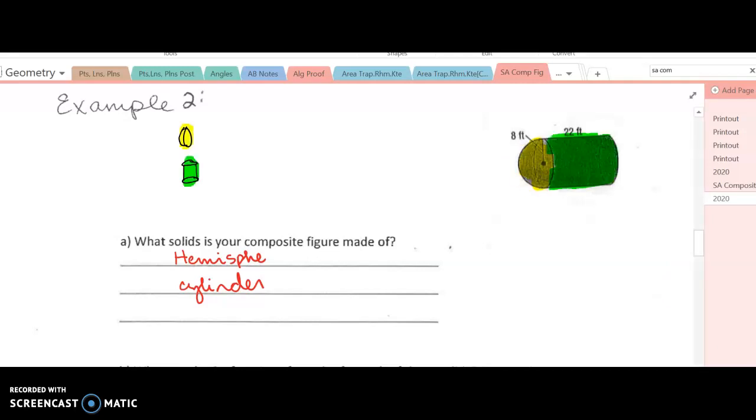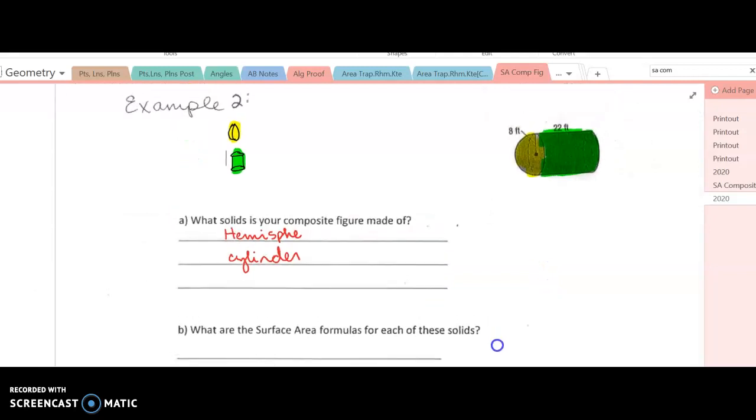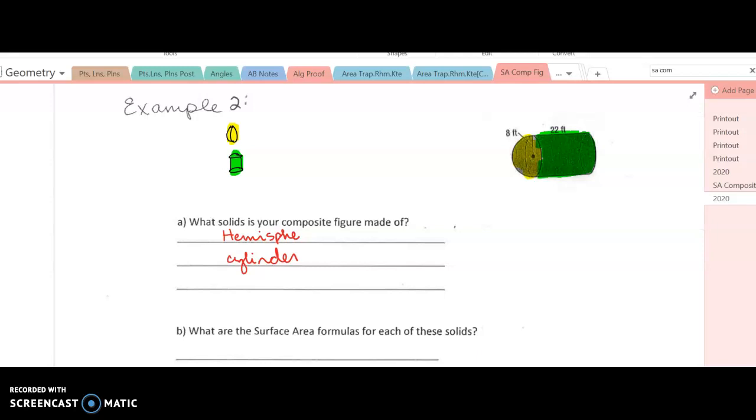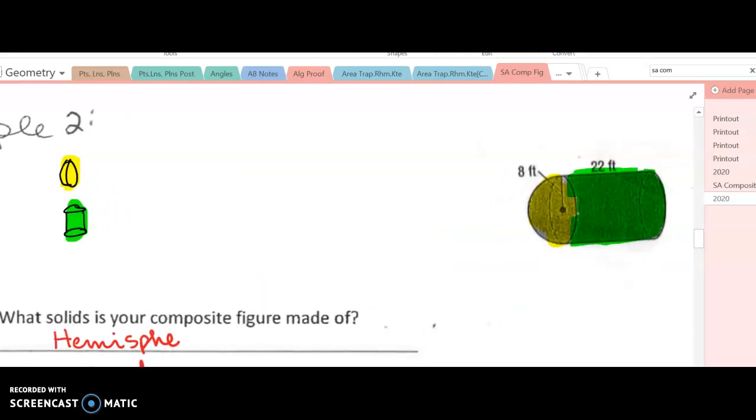Okay, so our second question is, what are the surface area formulas for each of these solids? So we know for a hemisphere, and I want to think about the parts, I know at this point maybe you've written down in your notes that a hemisphere is 3 pi r squared, which is true, but let's think about why it's 3 pi r squared. It's half of a full sphere, which is half of 4 pi r squared, right? So in other words, it's basically 2 pi r squared, right?